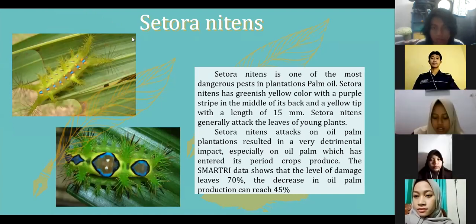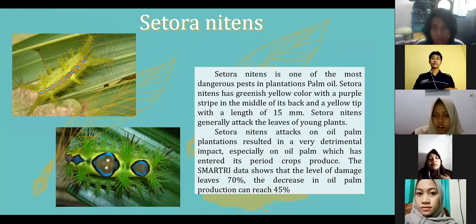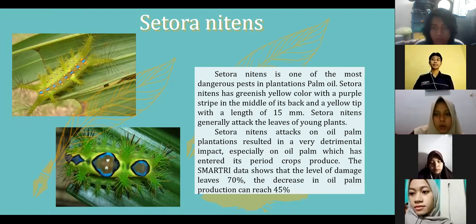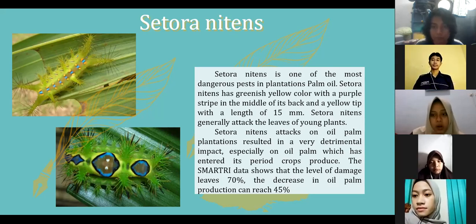This is one of the pests of oil palm. Setora nitens is one of the most dangerous pests in oil palm plantations. Setora nitens has a greenish yellow color with a purple stripe in the middle of its back and a yellow tip, with a length of 15 millimeters. Setora nitens generally attacks the leaves of young plants.